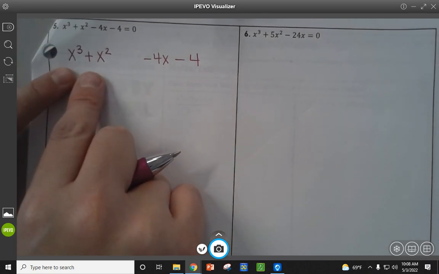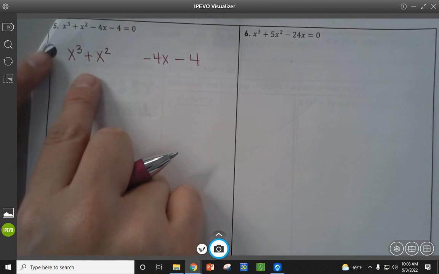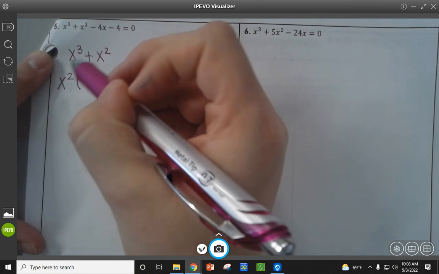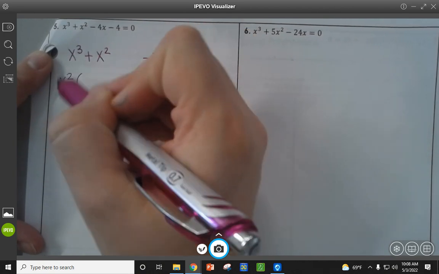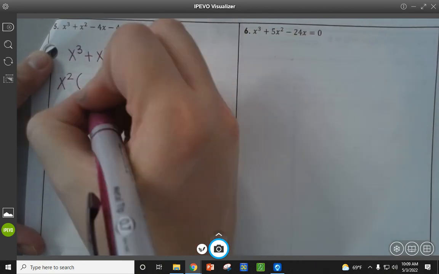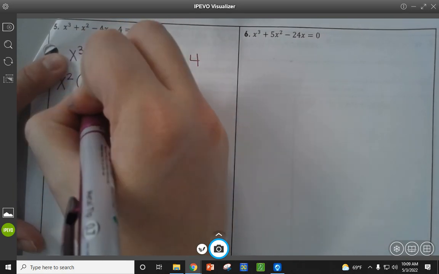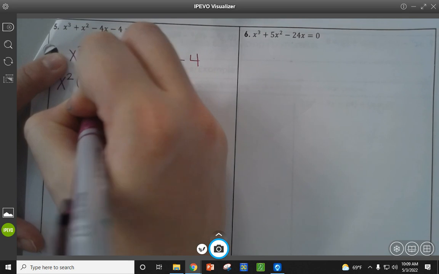So this first group, they both have x squared. So when I take out or divide out the x squared, what am I left with? Plus 1.